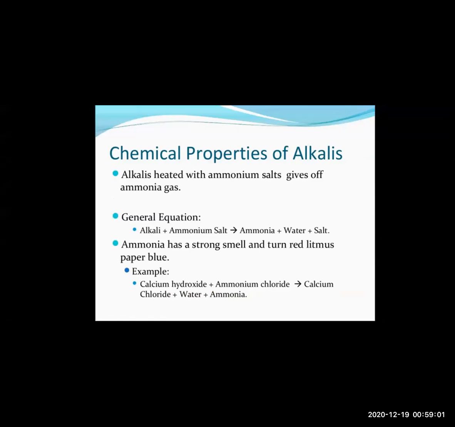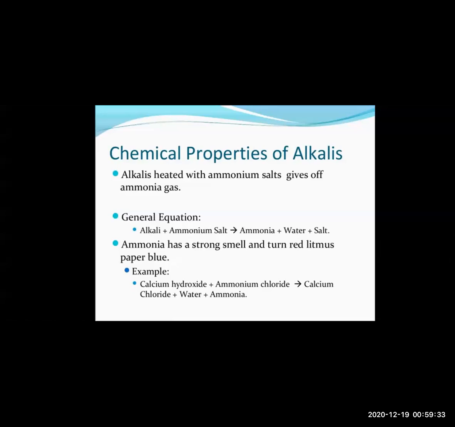Now, chemical properties of alkalis. What are the chemical properties? The alkalis heated with ammonium salt give off ammonia gas. When they are heated with ammonium salt, ammonia gas is given out. Now here alkali plus ammonium salt is reacted. When this reaction takes place, ammonia gas is given out along with the water and salt.